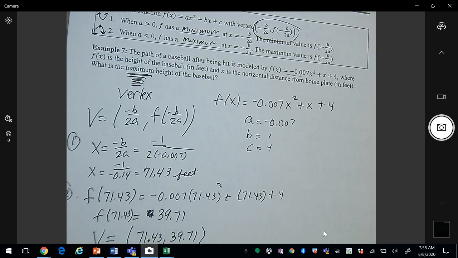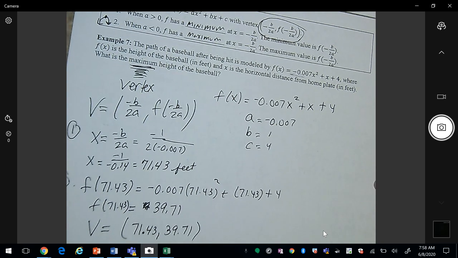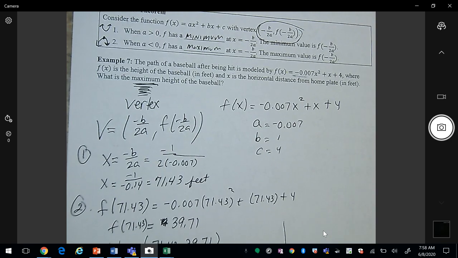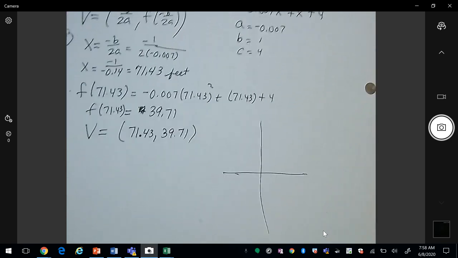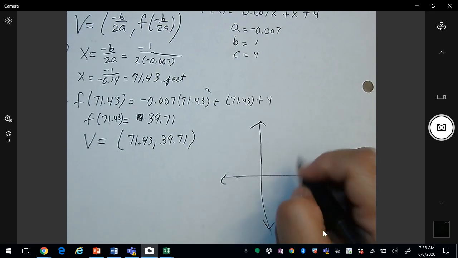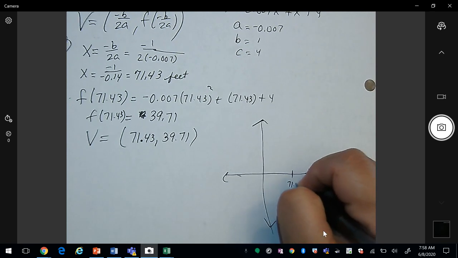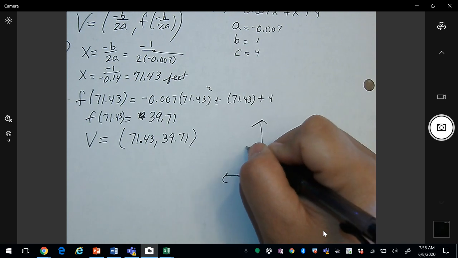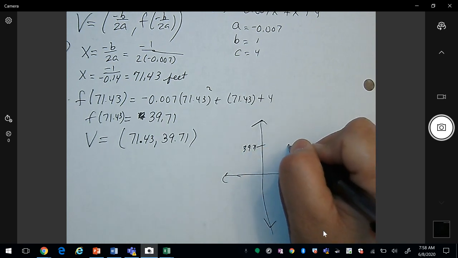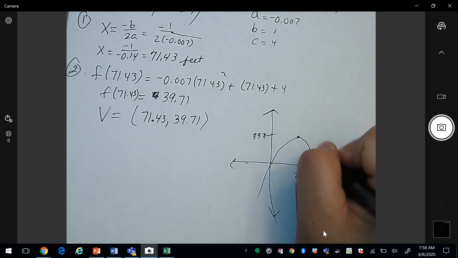So this problem doesn't ask what the vertex is, but it wants to know the maximum height. So what happens here is you have two values. So here's x at 71.43, and then here's y at 39.71, and the parabola is doing something like this.